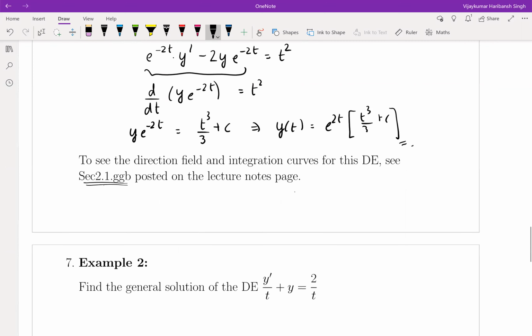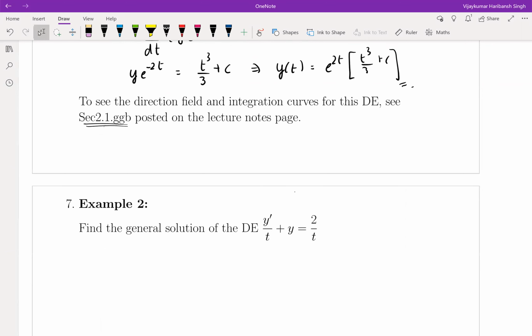So let's go through another problem. We have y prime by t plus y equals 2 by t. First of all, this is not in standard form. Why? The standard form is y prime plus p of t y equals g of t.